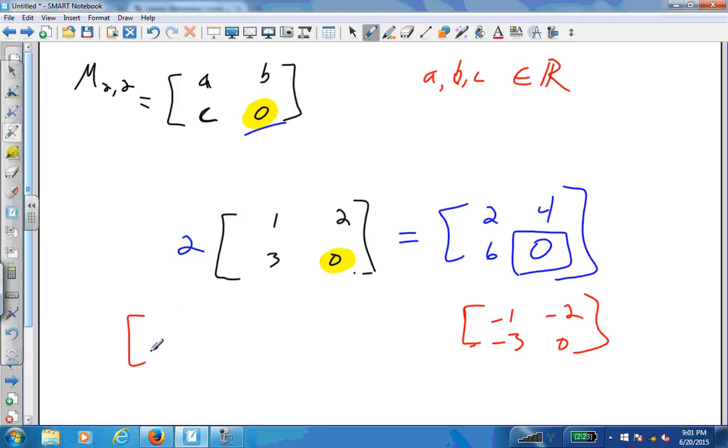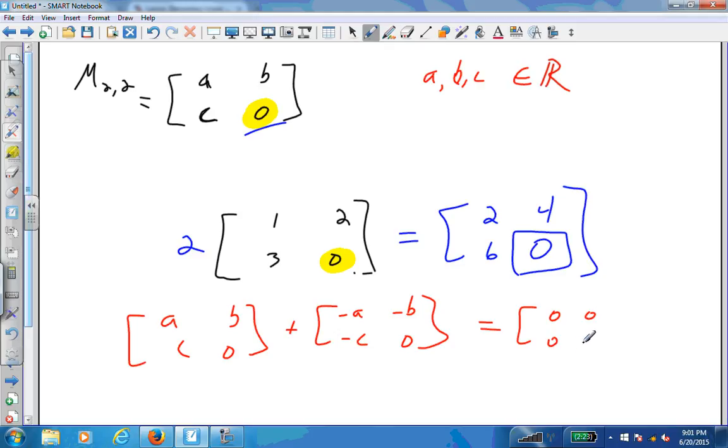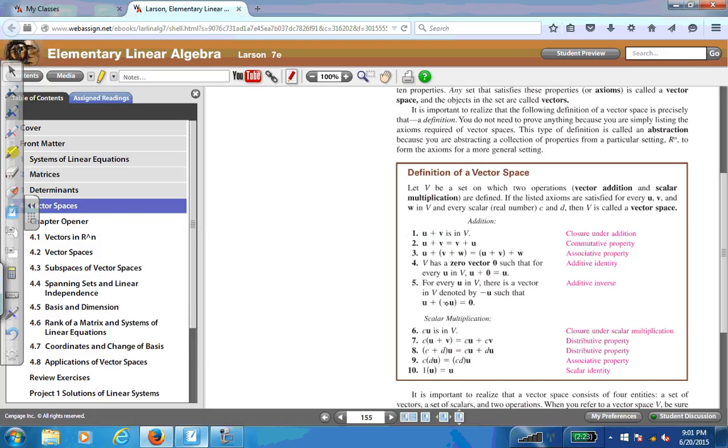Notice if we have A, B, C, 0, and we add the opposite, the opposite of any real number is still a real number. So all of those are okay. When we add those together, we get 0, 0, 0, 0. So basically there is an opposite of each of these.